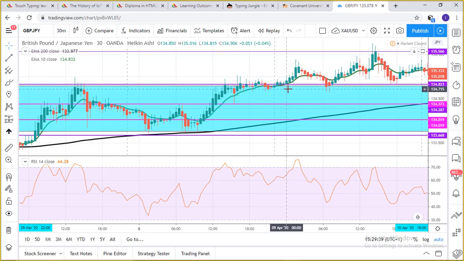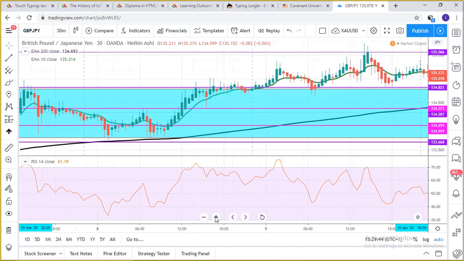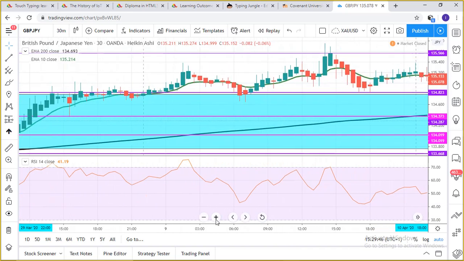The first 30-minute candle to actually close above it opened here and closed right on top of that zone. This one also did the same thing, and this one also, and before this one were lifting up, and that was where I had to give you a clue to enter, because I knew that this zone would be tested.